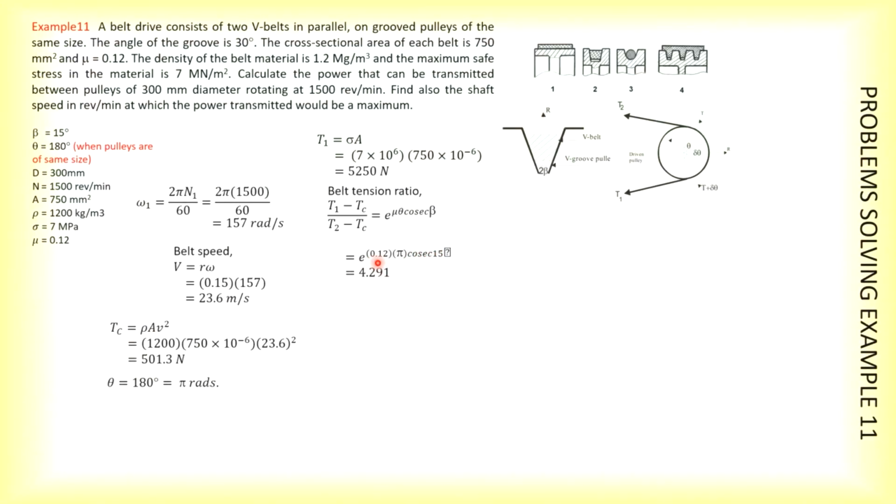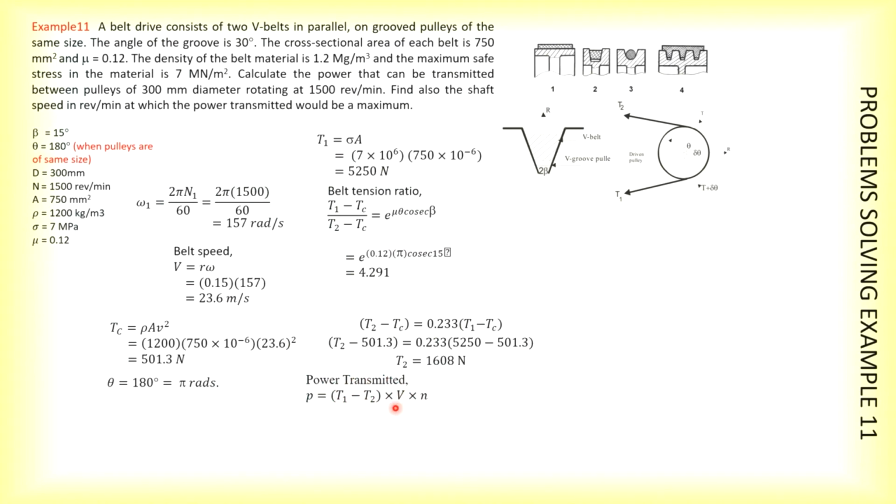Together with the coefficient of friction, you get the belt tension ratio 4.291. From here, you will be able to find out your T2, because you have already known your TC and T1. The power transmitted by the belts is given by this formula.